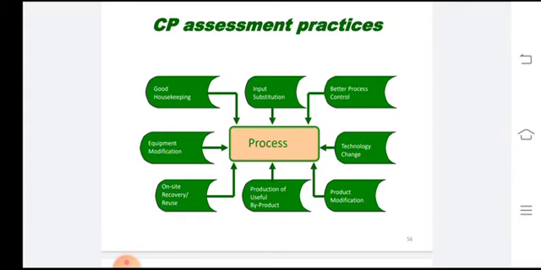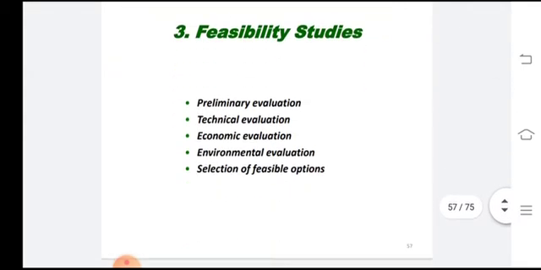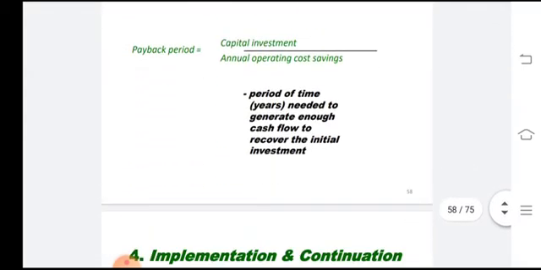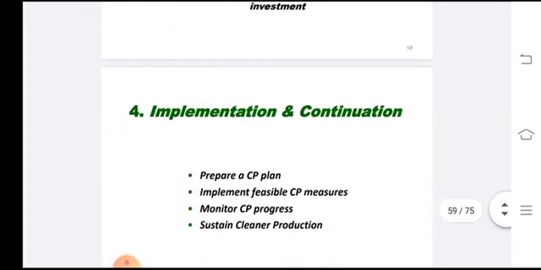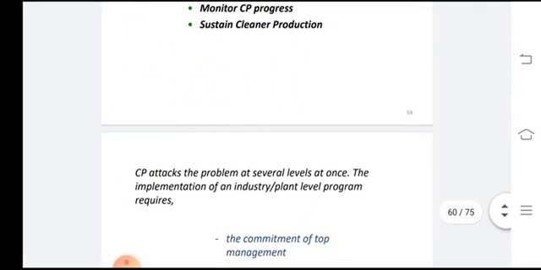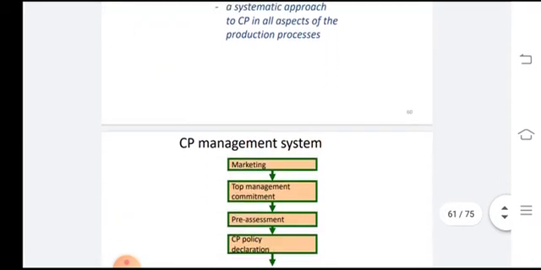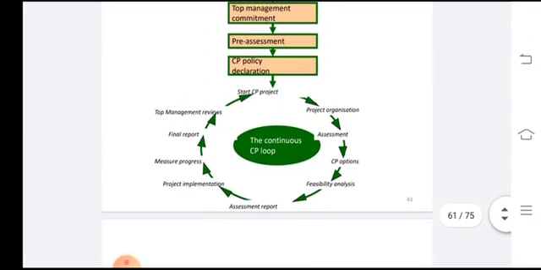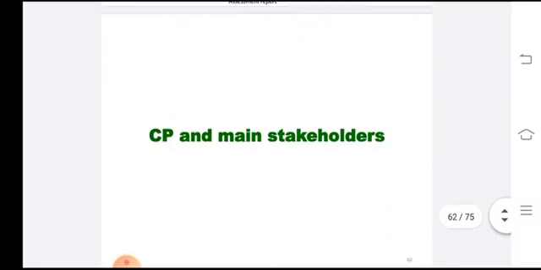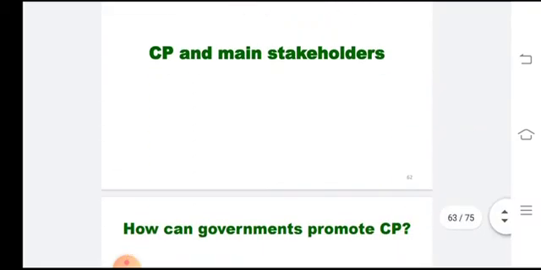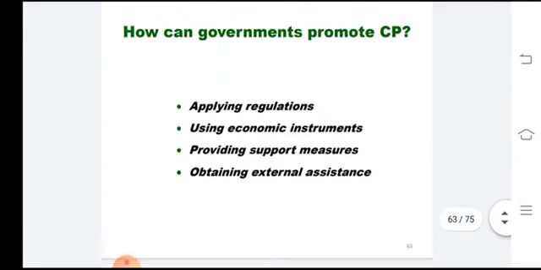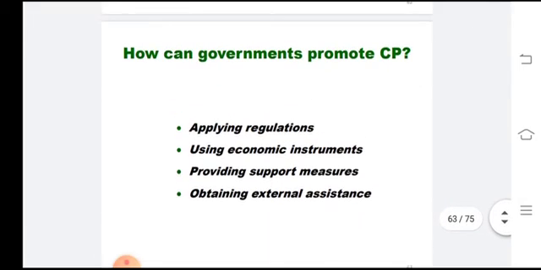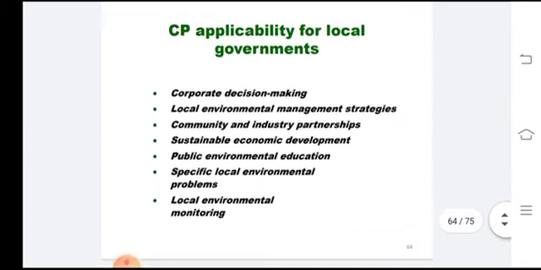So we can further investigate, and then we can quantify the payback periods and how we are going to implement it, and then the continuous CP loop. So these are the regulations. How can government promote CP? You can study it here.